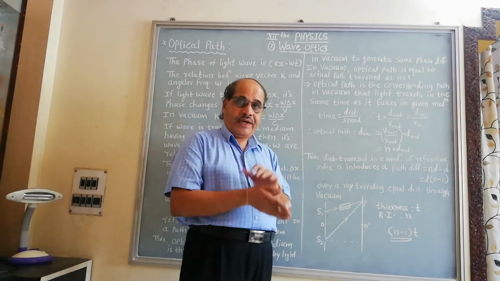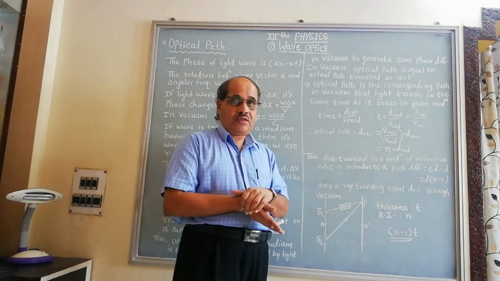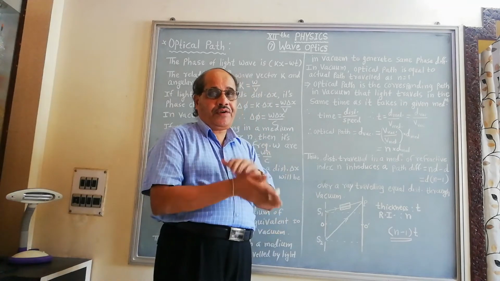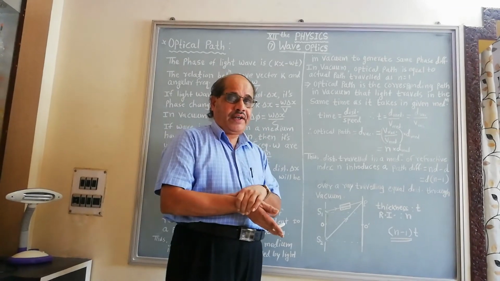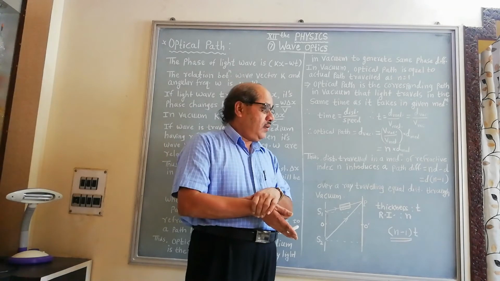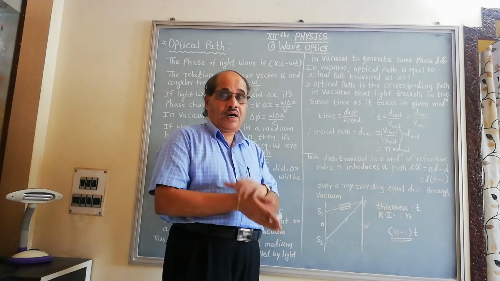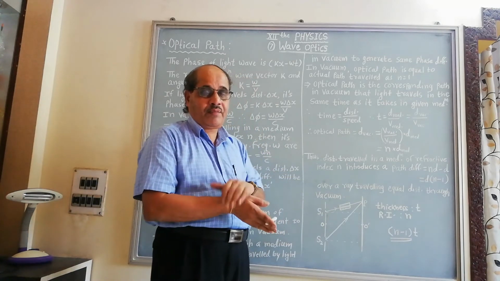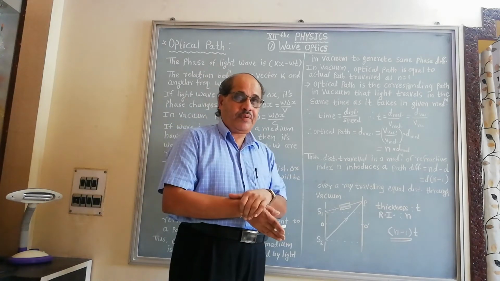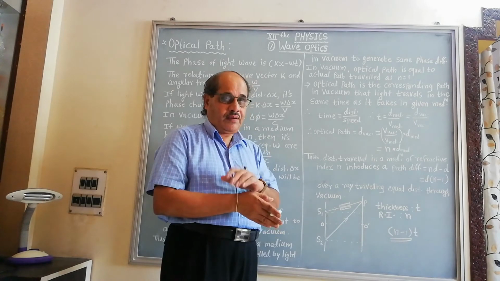That means we can observe constructive interference when the path lengths of the two waves are equal or differ by an integral multiple of the wavelength lambda.